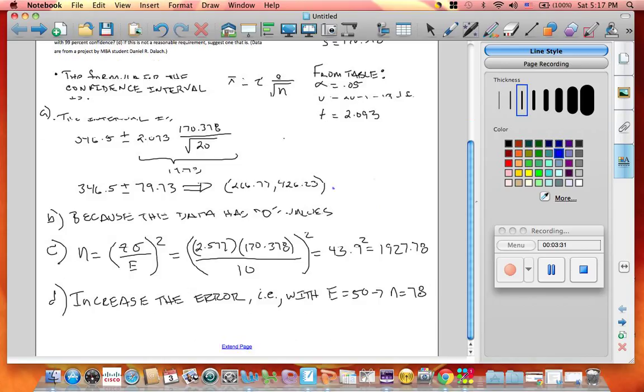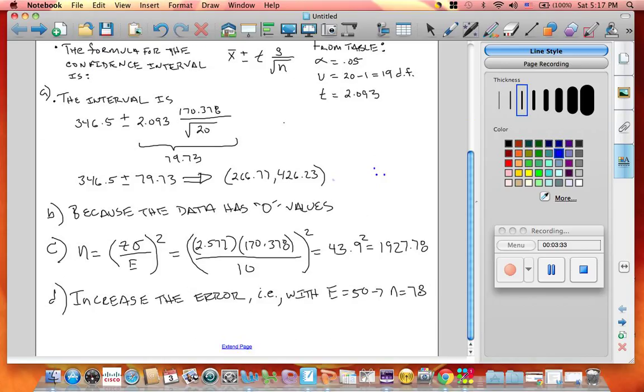All right. Now, part C is just about, again, plugging numbers in the formula. In chapter 8, there's a formula for finding n, the sample size, which is this formula right here, equal to z times the standard deviation divided by the error, all of that squared. We're given in the problem that they want an error of 10 millimeters right here.